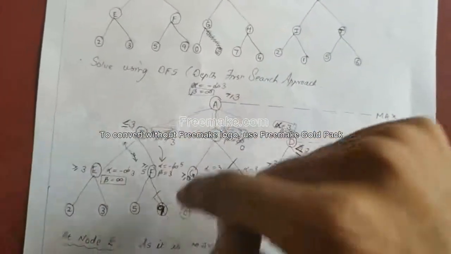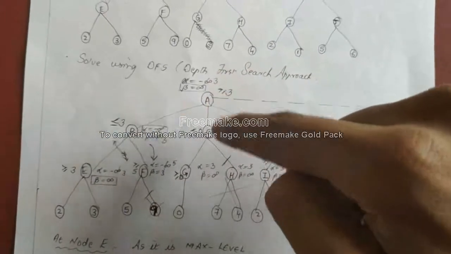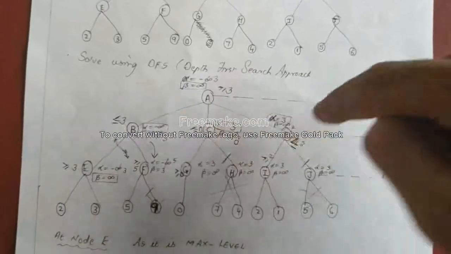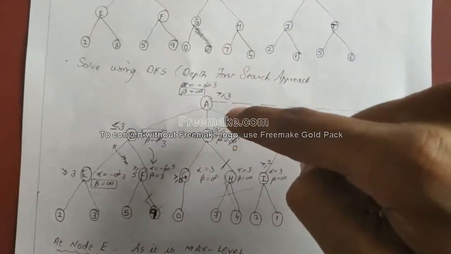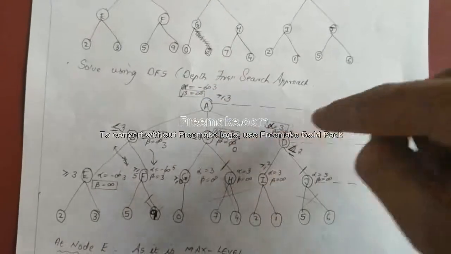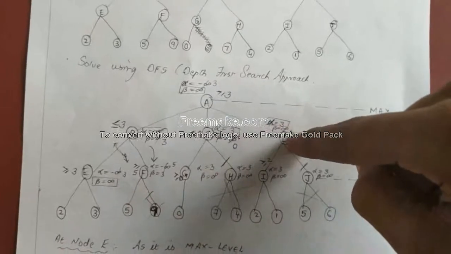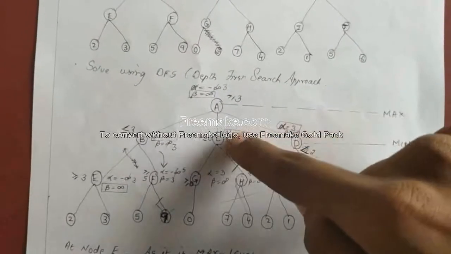Since all the changes are already done here, the next nodes which are attached to A are C and D. So C takes the values alpha is equal to 3 and beta is equal to infinity. Same, we copy it here for our future reference: alpha is equal to 3 and beta is equal to infinity.